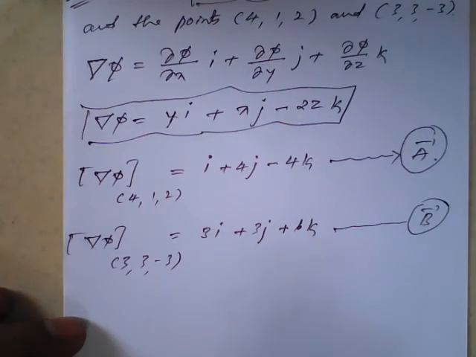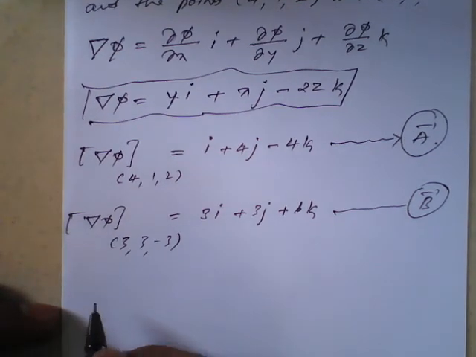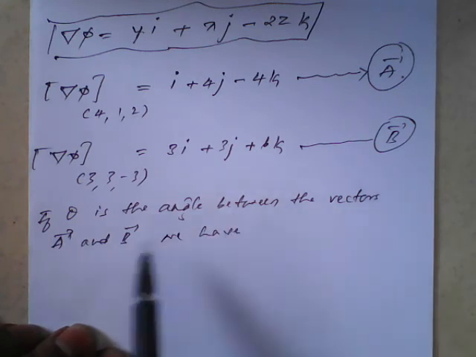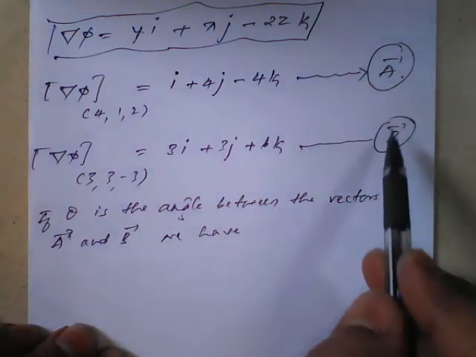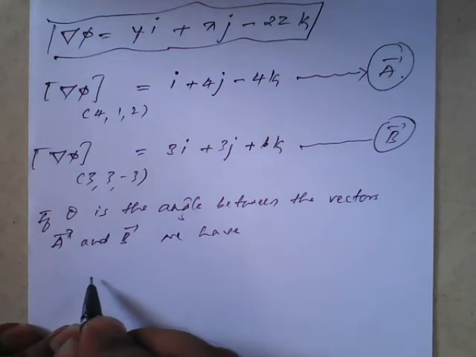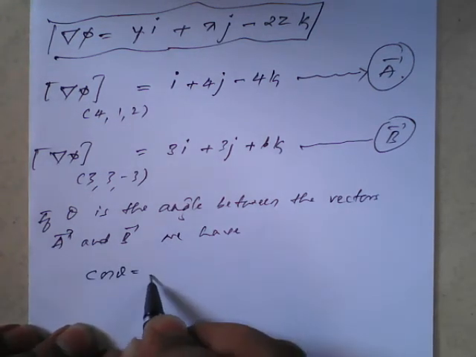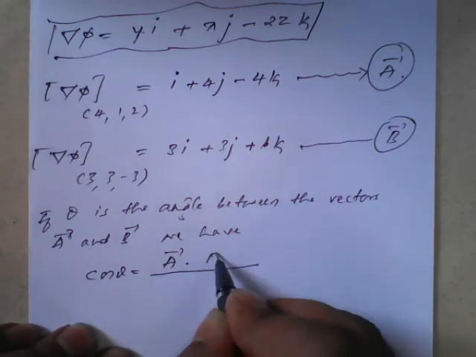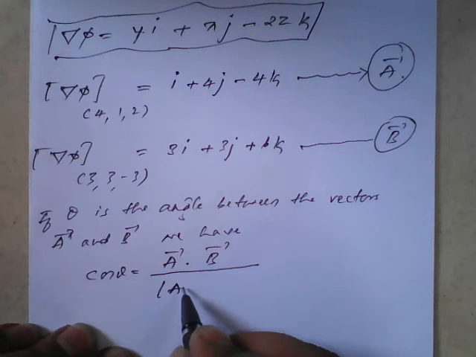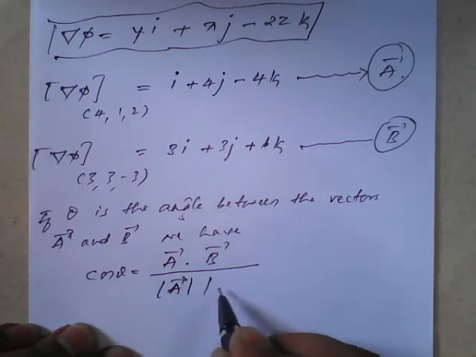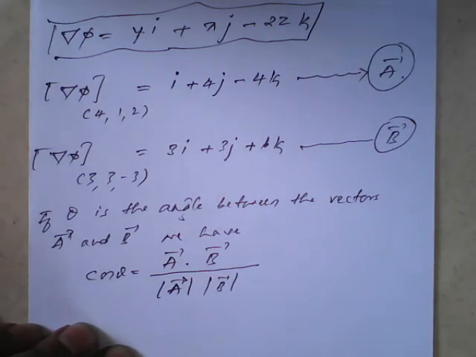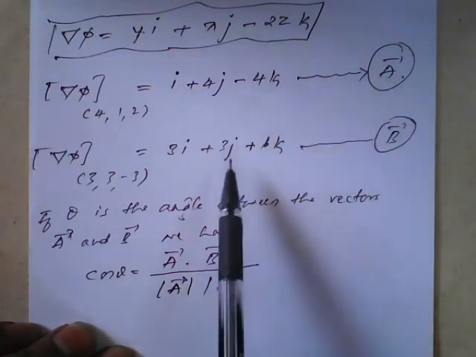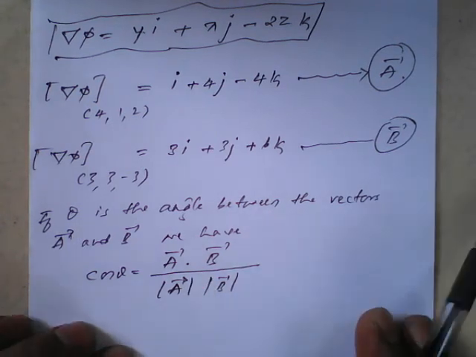So therefore the angle: if theta is the angle between vector A and vector B, these two vectors, then we have the formula cos theta is equal to, instead of del phi 1, I will say vector A dot vector B divided by modulus of vector A into modulus of vector B. Instead of del phi 1 into del phi 2, because of the results we got, we have taken vector A and vector B, and in that way only we will write the formula.